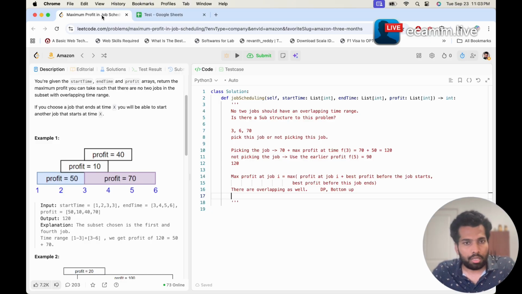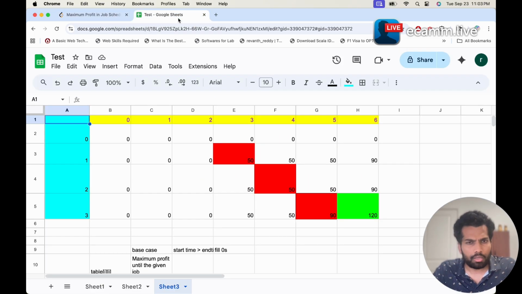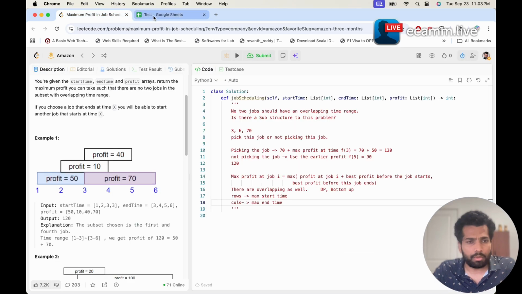Let's build a grid with all the start times and the end times, with the rows as the maximum start time and the columns as the maximum end time. I just thought of doing this and seeing where it goes.